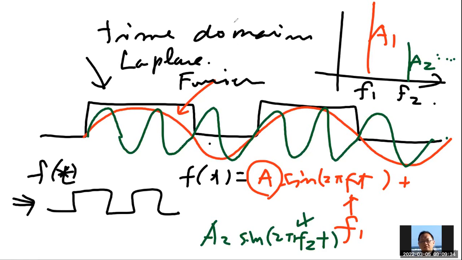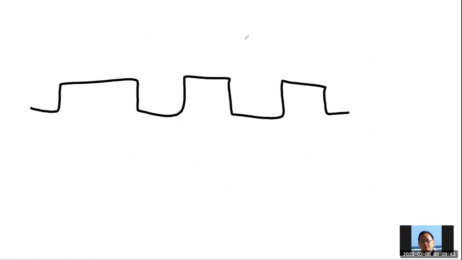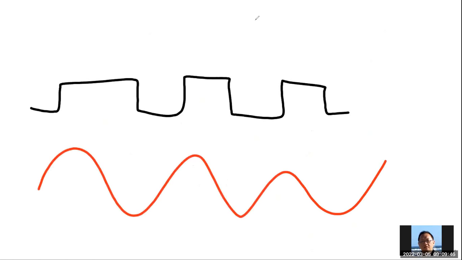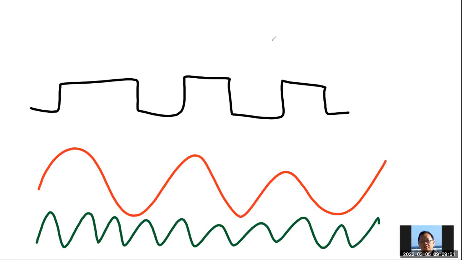The basic idea is very simple: your original time domain signal can be converted into a series of sinusoidal signals of different frequencies. So this signal can be put into the frequency domain, as opposed to the time domain.